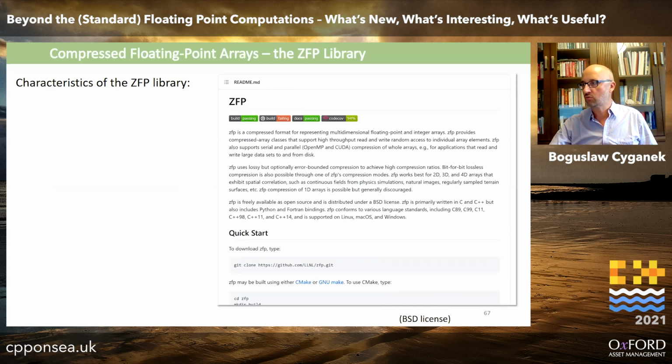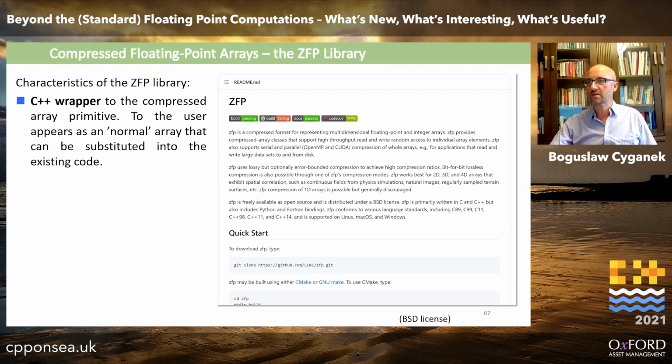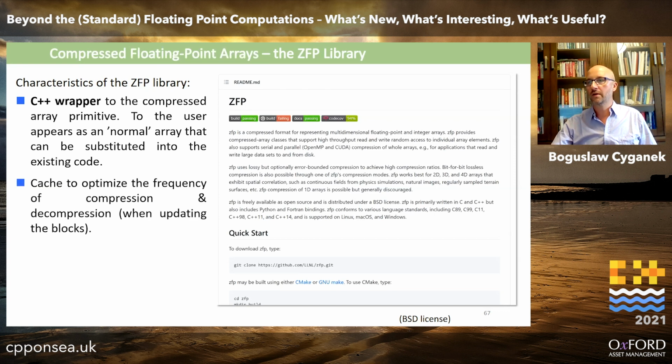You can certainly download it from GitHub, and there is a C++ wrapper to the compressed array primitives. They can be used like any normal std vector. There is also an interesting cache mechanism to optimize the frequency of compression and decompression when updating the blocks.